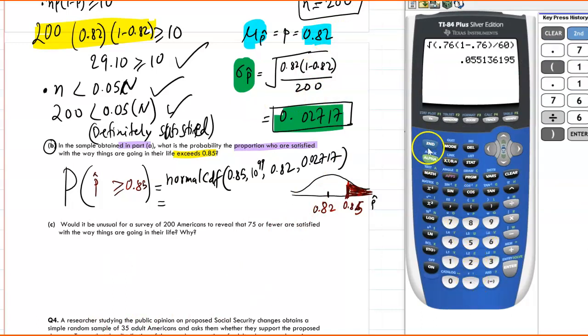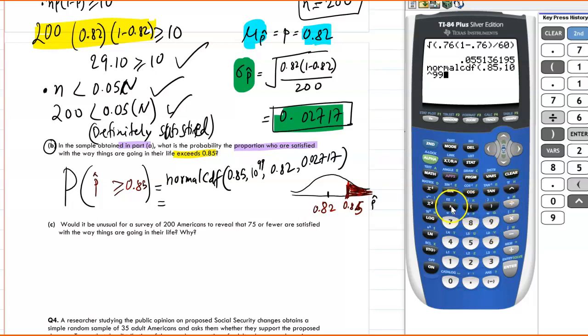Second VARS, normal CDF: 0.85 comma 10^99 because no upper bound, comma mean is 0.82, comma standard deviation is 0.02717.